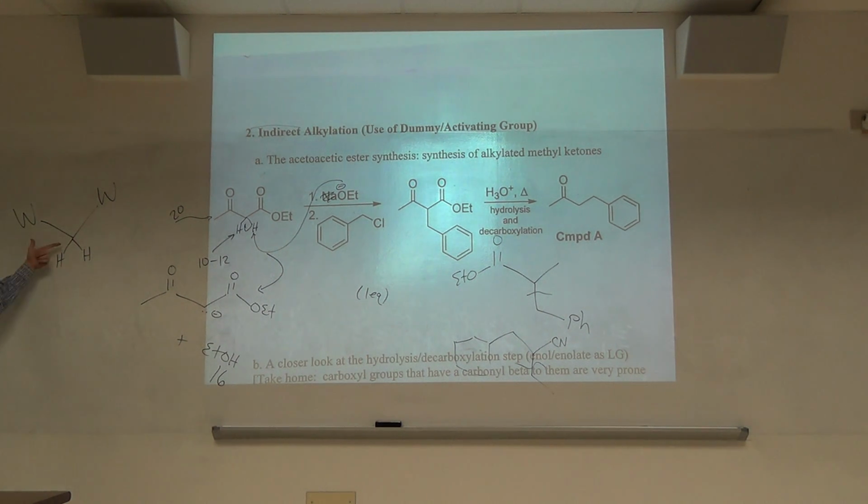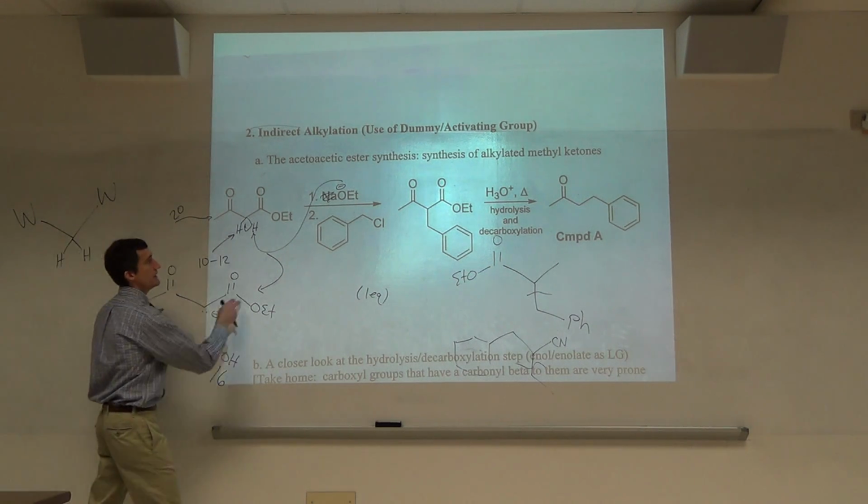By the way, what do we call a CH2? It's not a methyl. What is a CH2? We said it before. I don't expect you to remember. I probably just said it in the past. Methylene. CH2 is a methylene. This methylene has got some acidity.